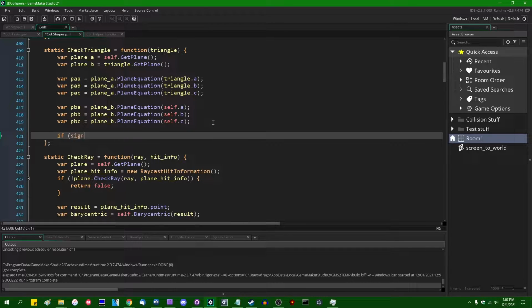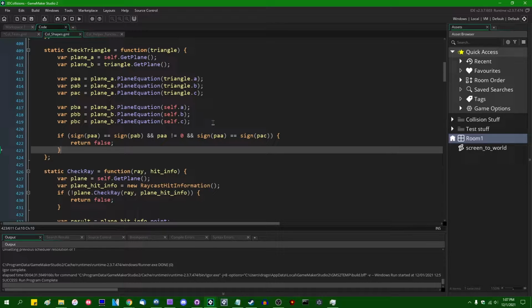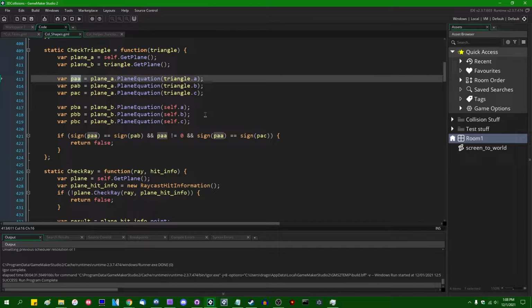You could say if sign PAA equals sign PAB, and PAA is not equal to 0, and sign PAA equals sign PAC, then you could just return false, and then you could do this for the other 3 vertices as well. You do need to check to see if the results of these plane equations are not equal to 0.